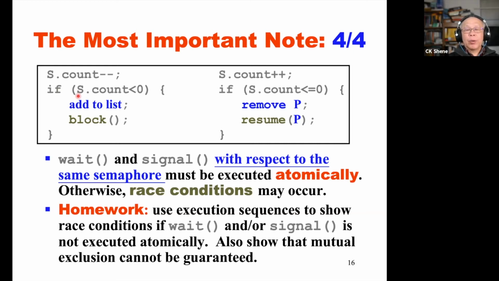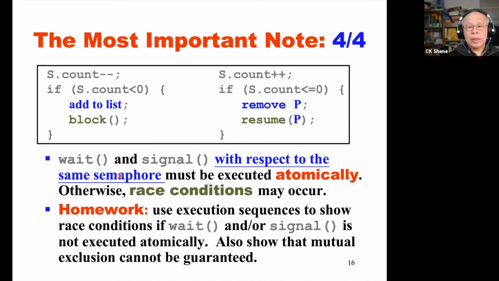Atomic requirement only applies to multiple calls to the same semaphore. Then the semaphore mechanism will serialize these concurrent calls so that they can only be executed one after the other.